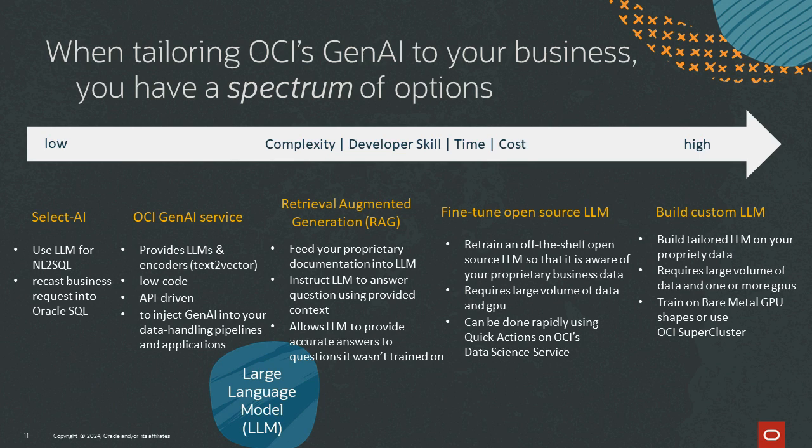So you, the cloud developer, if you want to embed text generated by LLMs, or if you want to encode your unstructured text, you would bake these AI services into your data handling pipeline. So it's low code, API driven. So we're still on the fast to deploy, easy to deploy, relatively lower cost. The next step up is what Brian is going to speak to, Retrieval Augmented Generation. So when I pass the mic to him later on, he'll explain what that really means.